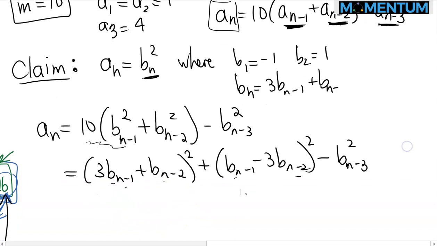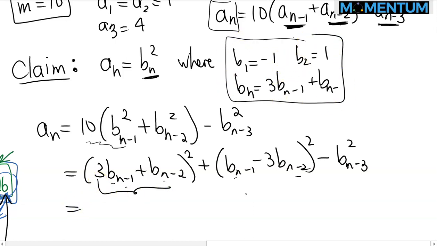But then, looking inside, I can replace this term here with what I see from this recursion. It is just b sub n squared plus, how about this one? Again, looking at this recursion, oops, there's an invisible 2 here. Looking at that, I see that this is just b sub n minus 3, right?